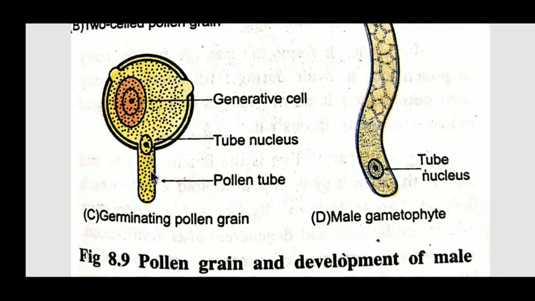The intine forms the pollen-tube-like structure because of the pressure of the volume of the cytoplasm inside the vegetative cell. This pollen tube is followed by the tube nucleus.